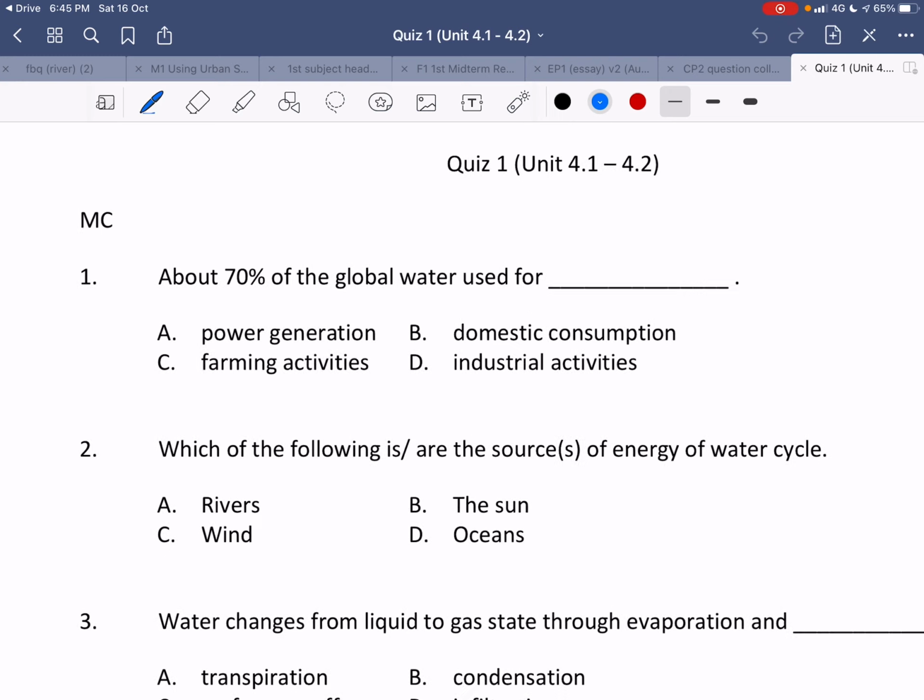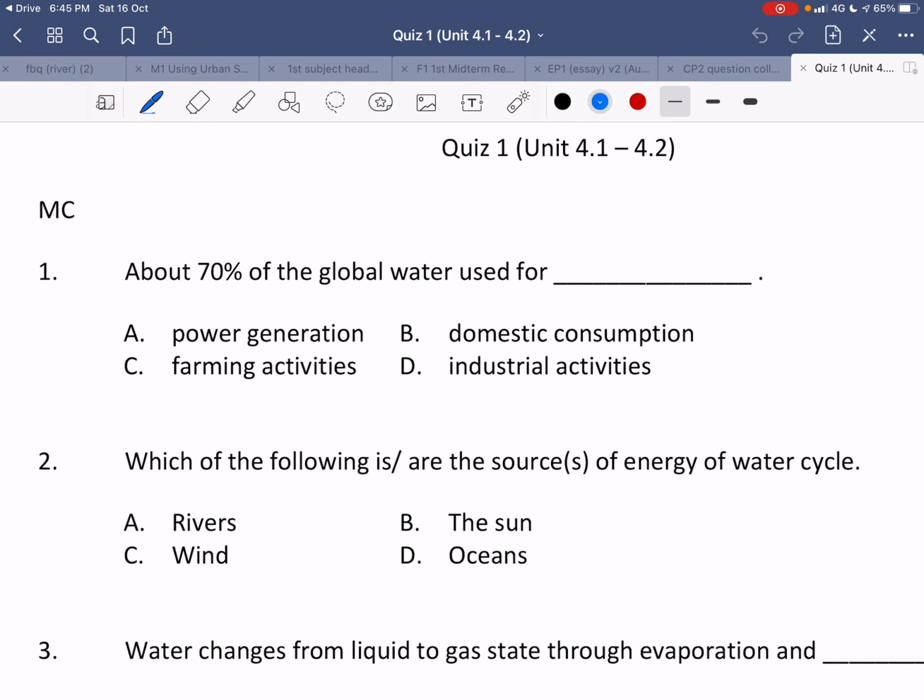So first of all, for the quiz 1 question: which of the following uses 70% of the global water? Farming. Because you may argue with me, power generation is not very much, and for our drinking it is also not very much.